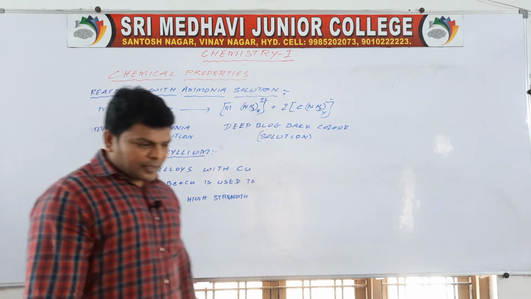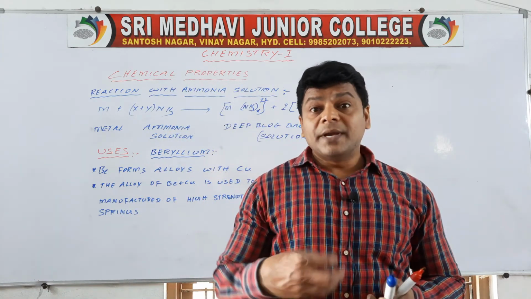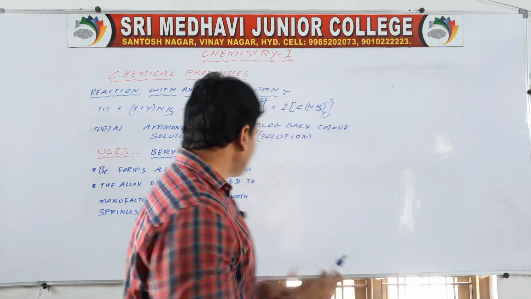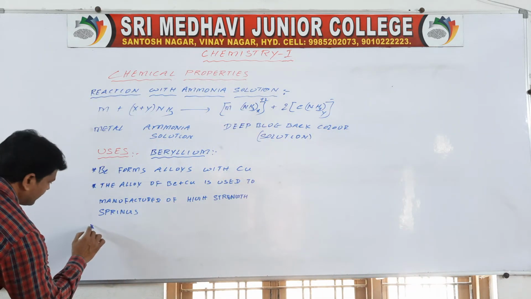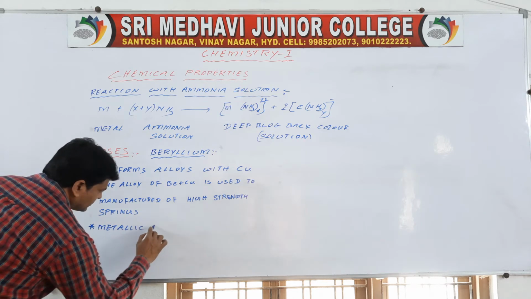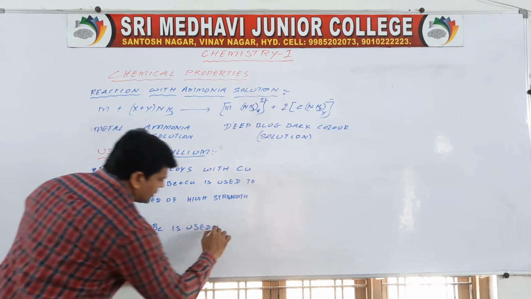Next, metallic beryllium is used for making windows of X-ray tubes.